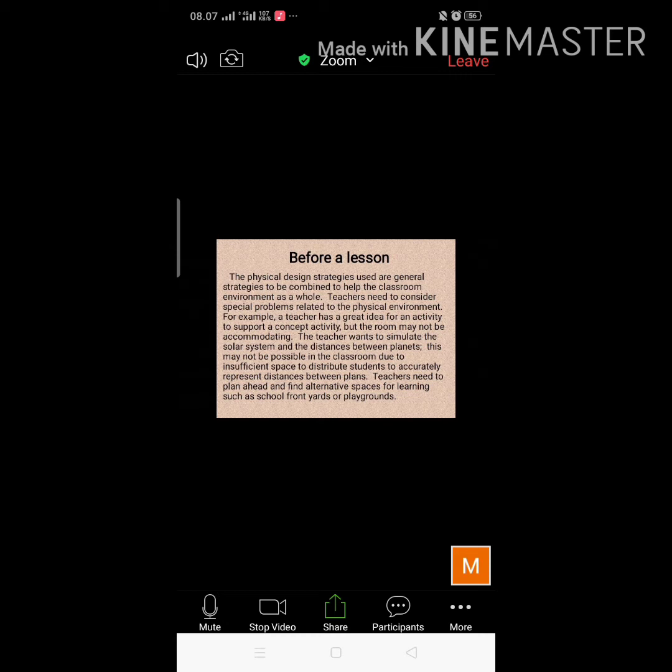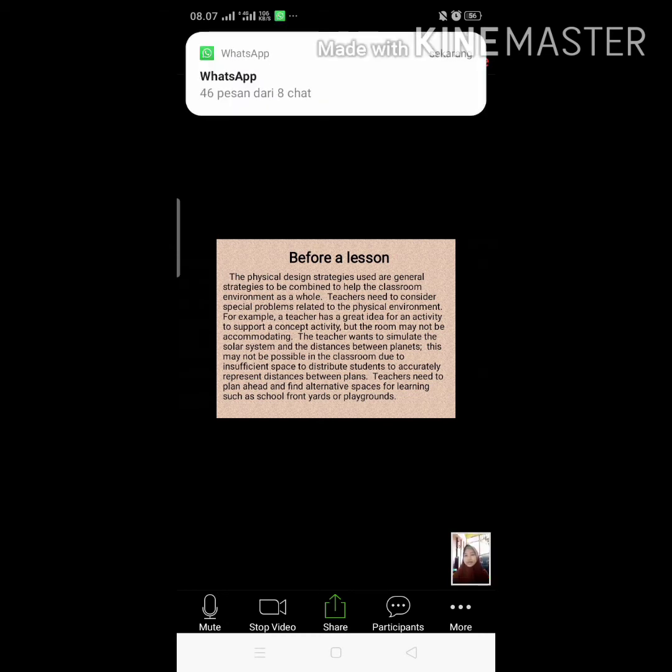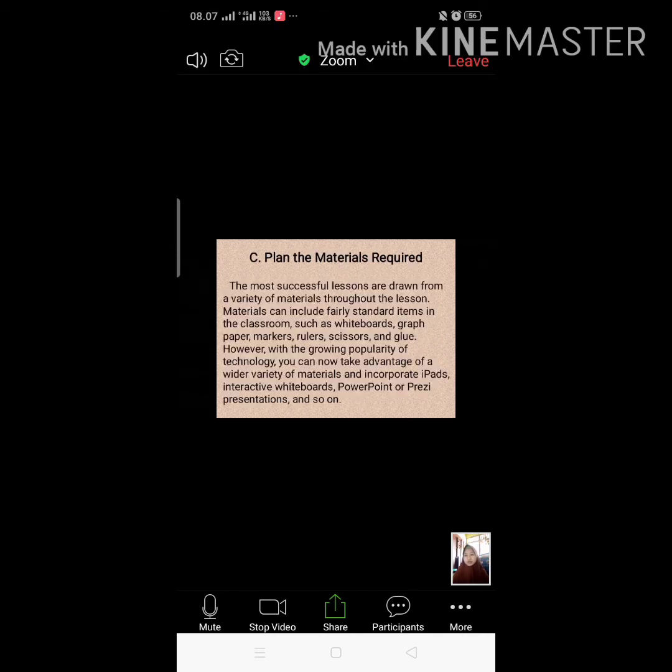C. Plan the materials required. The most successful lessons are drawn from a variety of materials throughout the lesson. Materials can include fairly standard items in the classroom, such as whiteboard, graph paper, markers, rulers, scissors, and glue.